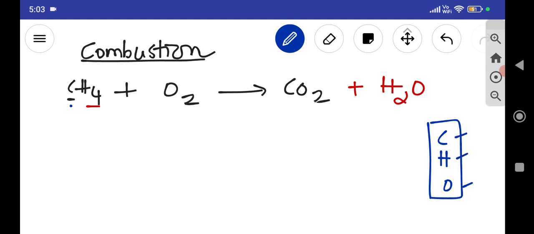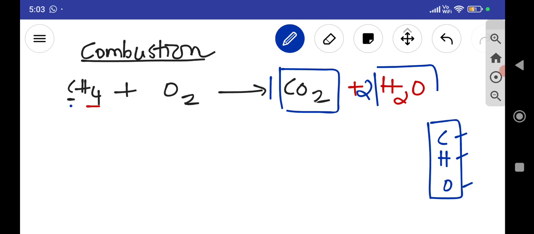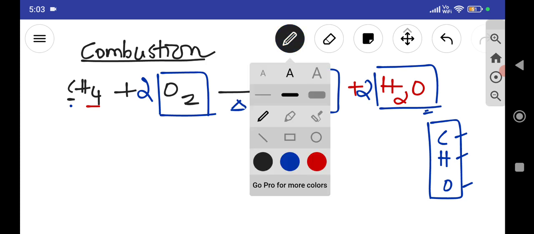First observe carbon, you have 1, so write coefficient 1 here. Next hydrogen are 4, so we have to mention 2 water molecules. After that count the oxygens, here 2 and here 2, totally 4, so coefficient 2 should be written on the left hand side. So this is about your combustion reaction.